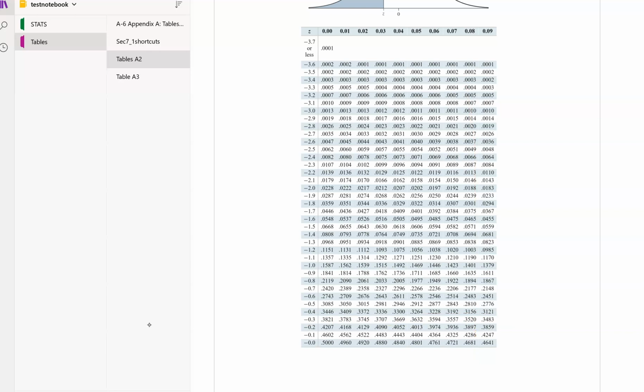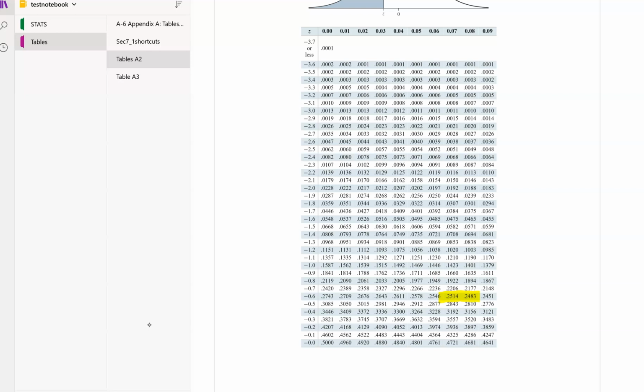0.2500. So I just search for it. Here's 0.2483 and 0.2514. It looks like it's right in between here. So I have to figure out which one's closer.